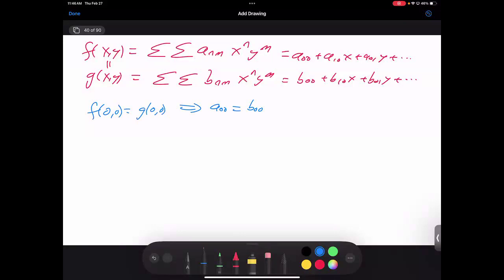So now let's look at, we'll call it maybe f00 of xy is f of xy minus a00, and g00 of xy is g of xy minus b00.